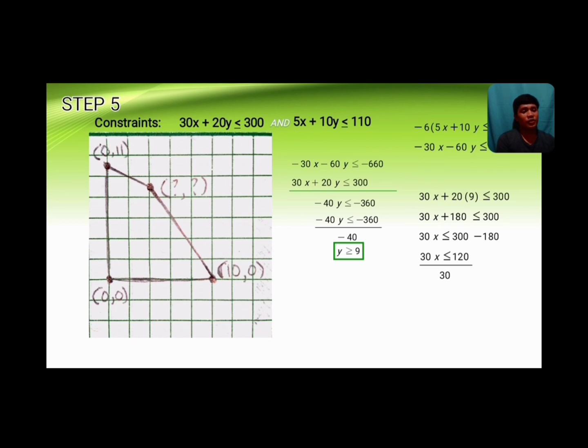By using the addition property of inequality, we have 30x ≤ 300 - 180, because we add negative 180 to both sides. So we get 30x ≤ 120. Divide both sides by 30 so that we have x ≤ 4. So now we found the value of x and y of this point.